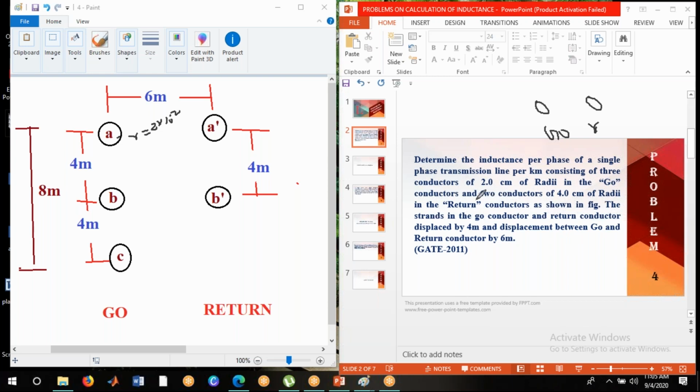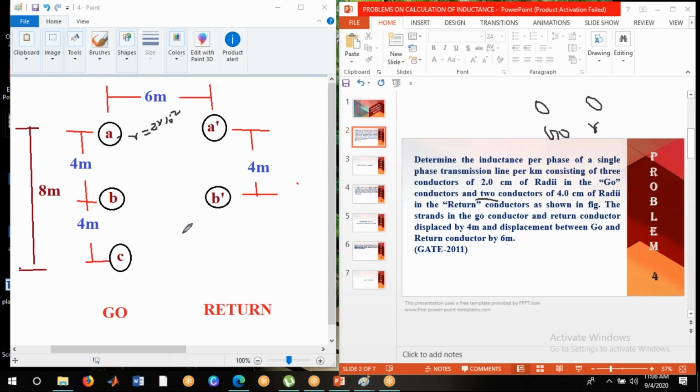So the return conductor has two conductors with a radius of 4 centimeter, as shown in the figure. Now, the strands in the go conductor and return conductor are displaced by 4 meters. So the distance between strands in the go conductor as well as in the return conductor is 4 meters, and the displacement between go and return conductor is 6 meters. So this is the given data.